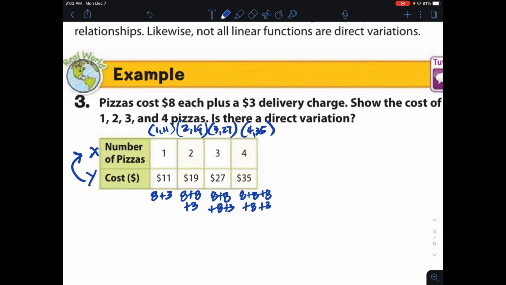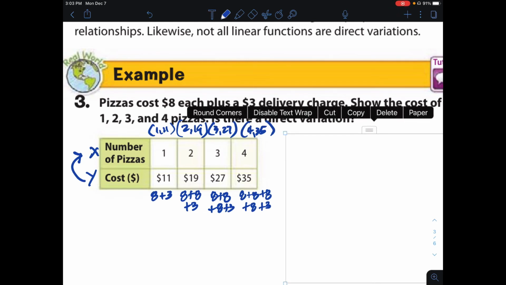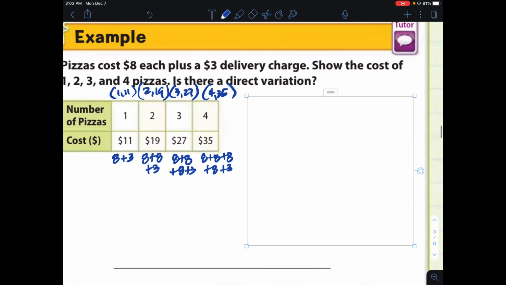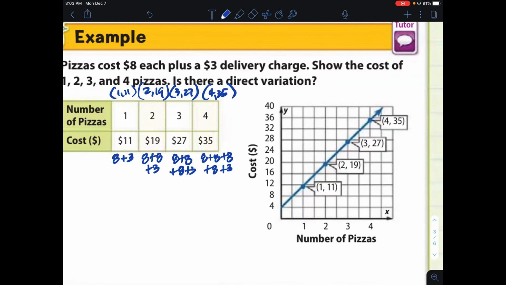So after creating our ordered pairs for our number of pizzas, we now graph our values. (1, 11), (2, 19). So when we graph these values, this is what we're going to have.